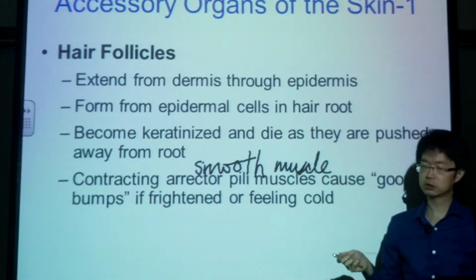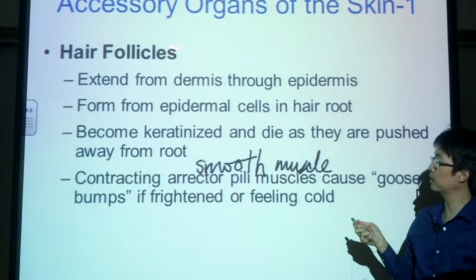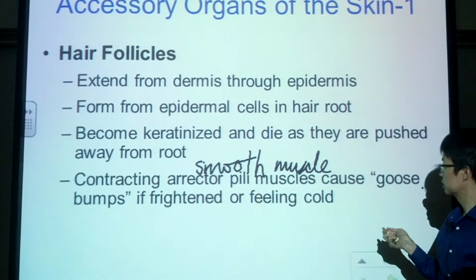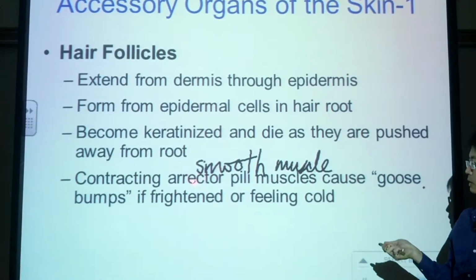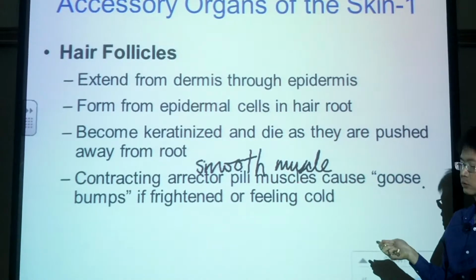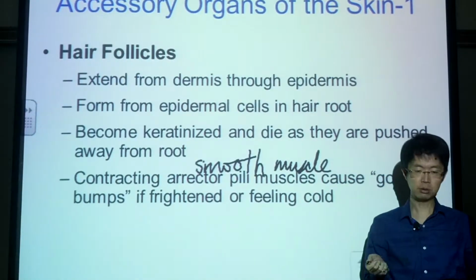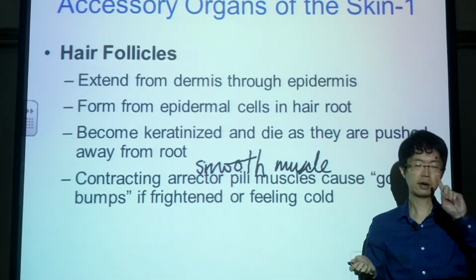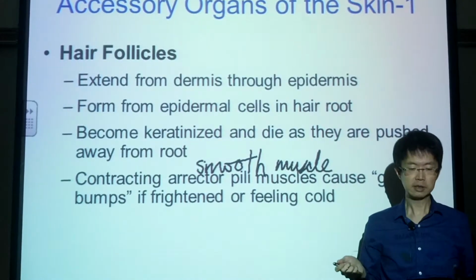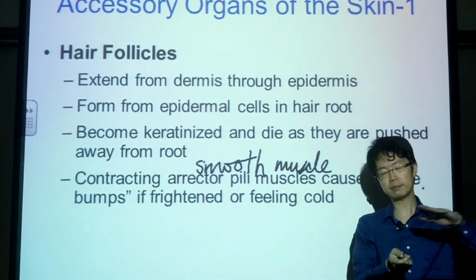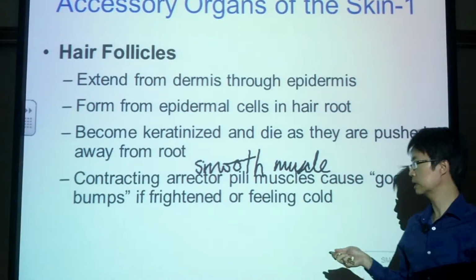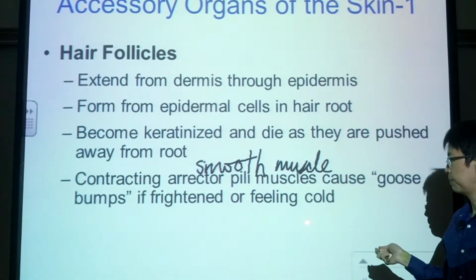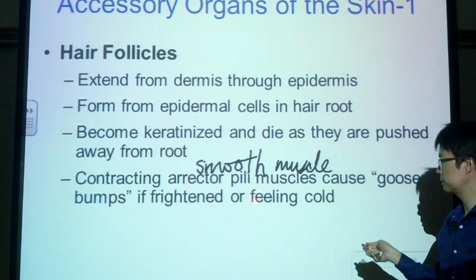They connect to the hair follicle, hair root, so that when you are cold or frightened, this erector pili muscle will contract and then pull your hair so that your hair will stand straight. When they stand straight, they will trap a thin layer of air so that it can partially keep you warmer.